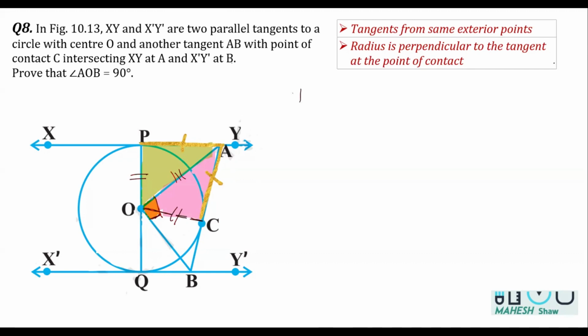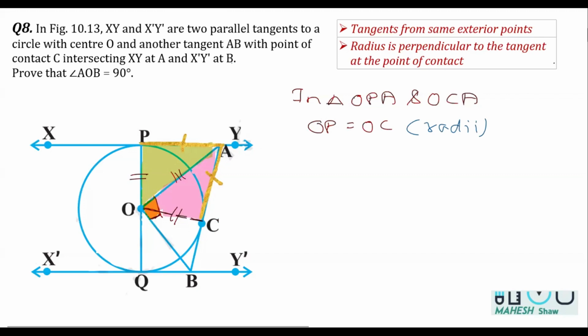So let's prove here. We are going to write in triangle OPA, and the other triangle is OCA. We have OP is equal to OC. That's the radii. The reason is radii, as you know that plural of radius is radii.